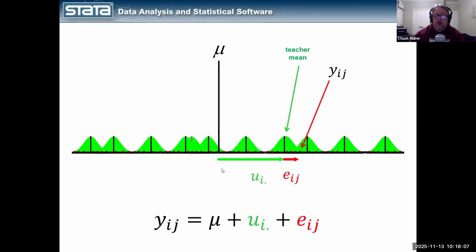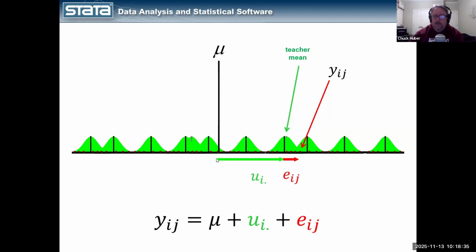So what we can then do is take a particular observation, Y_ij, and break it down into three pieces now. We still have our overall grand mean, but that student's observation now deviates from the classroom mean by this E_ij amount. So how far does the observation deviate from the classroom mean or the teacher's mean? And then we can ask the question, how far does the teacher classroom mean deviate from the overall grand mean?